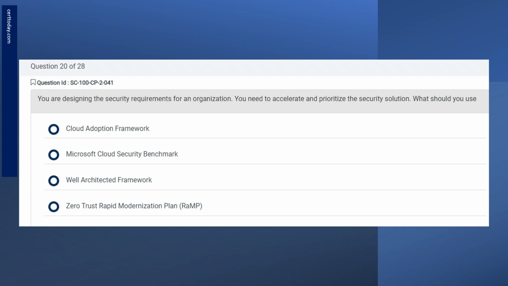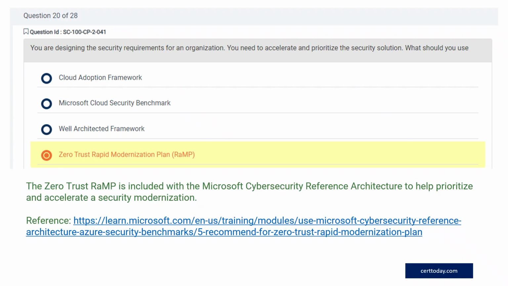Or D. Zero Trust Rapid Modernization Plan, or RAMP. The Zero Trust RAMP, or Rapid Modernization Plan, is included with the Microsoft Cybersecurity Reference Architecture. It's included to help prioritize and accelerate a security modernization, right?